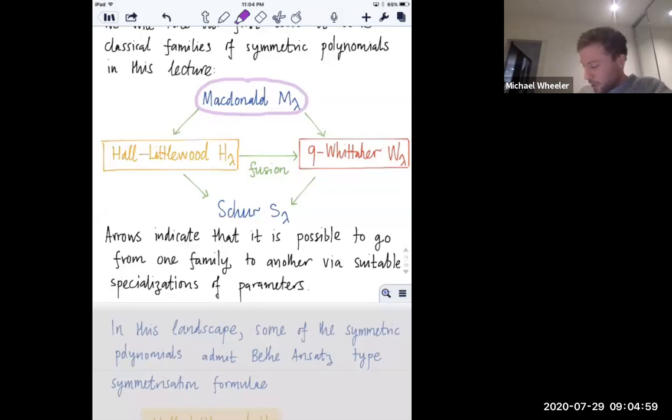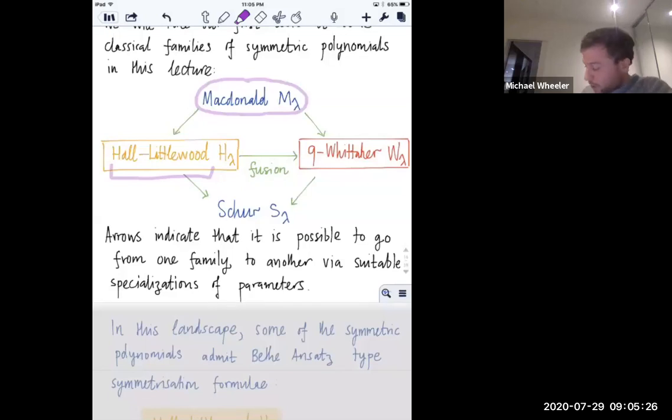I'm going to be using the q parameter for everything, including for the whole-Littlewood polynomials, which is somewhat non-standard, but I've done this because we introduced q in the previous lecture, and I just want to be notationally consistent.